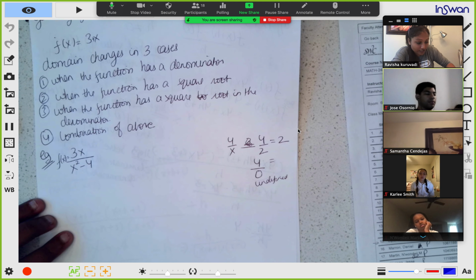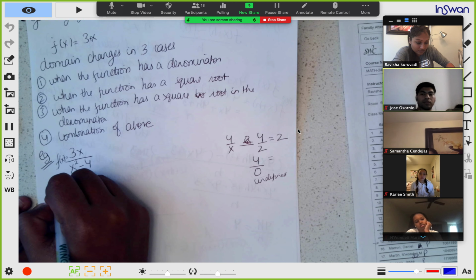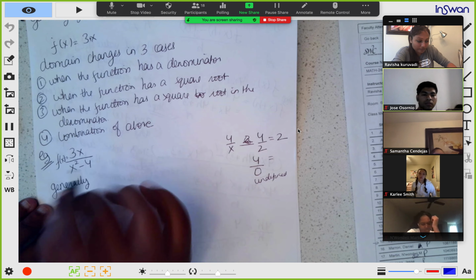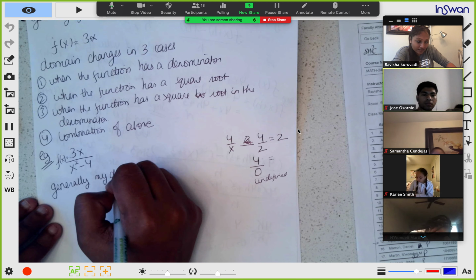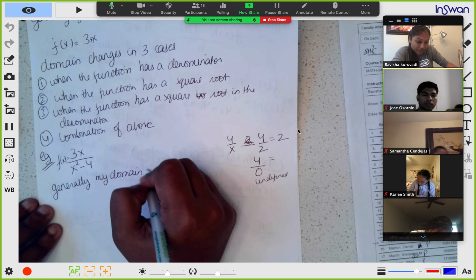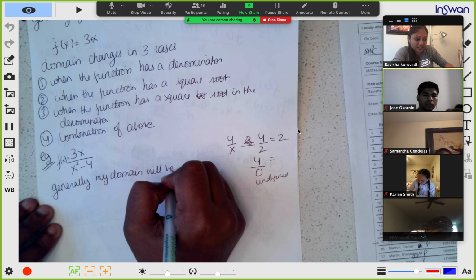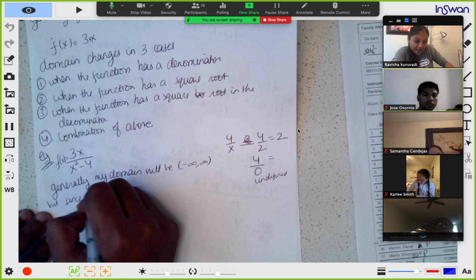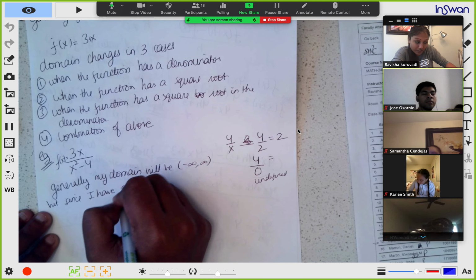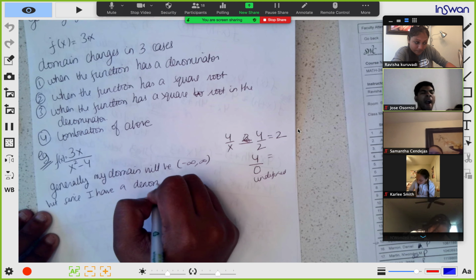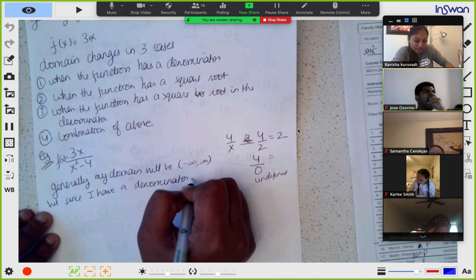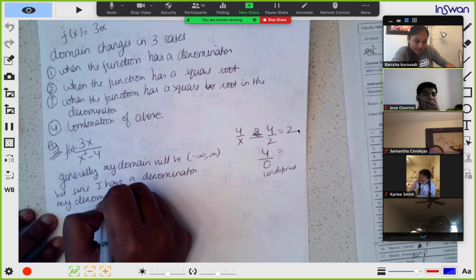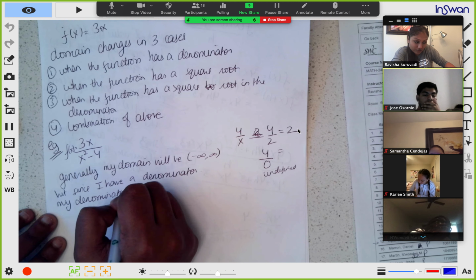So in general my domain will be negative infinity to infinity, but since I have a denominator, my denominator cannot be 0.